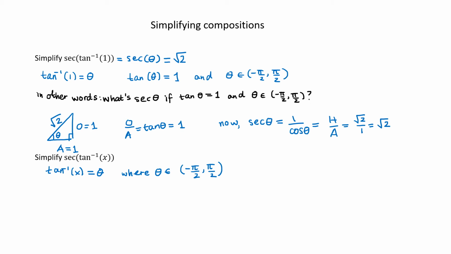So we know that tangent of theta is equal to x, and we want to know what secant of theta is equal to. Basically, what I like to do is think of replacing tangent inverse of x with what its output is going to be, which is an angle theta.